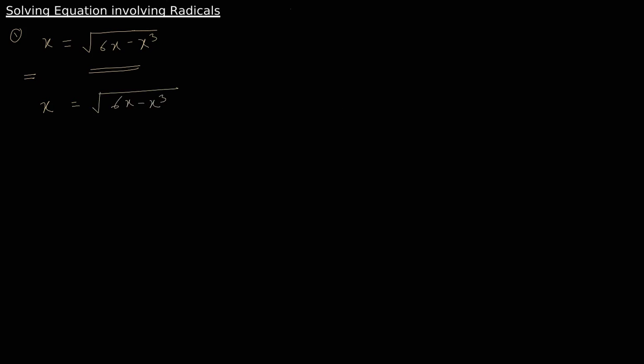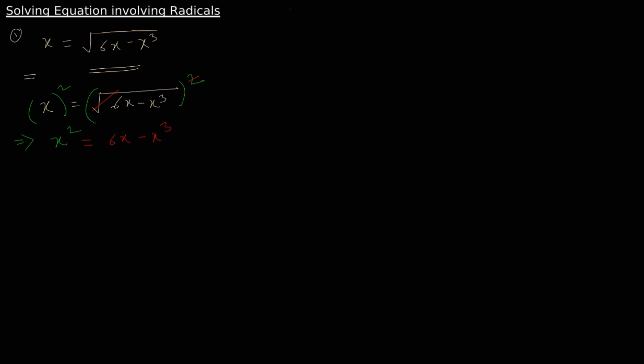Now what you do is square both sides. So if I square both sides, x becomes x square, so there is no problem here. And then the square root and square cancel out, so what I have is 6x minus x cube.